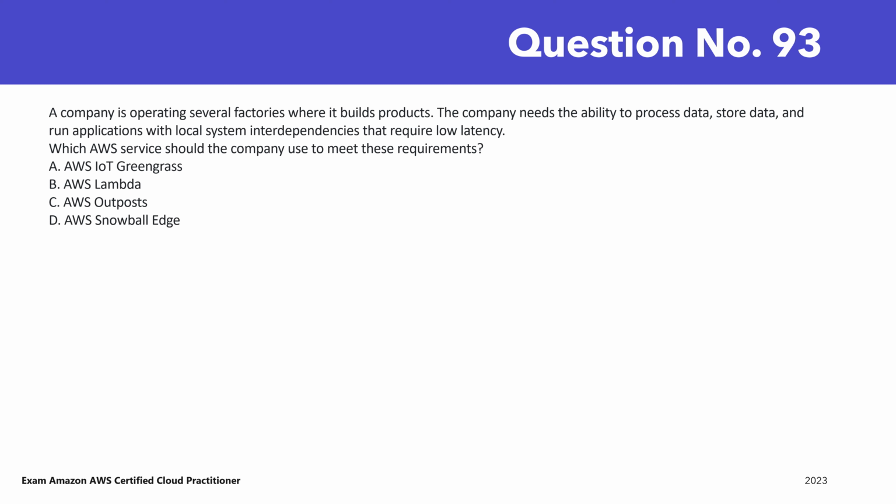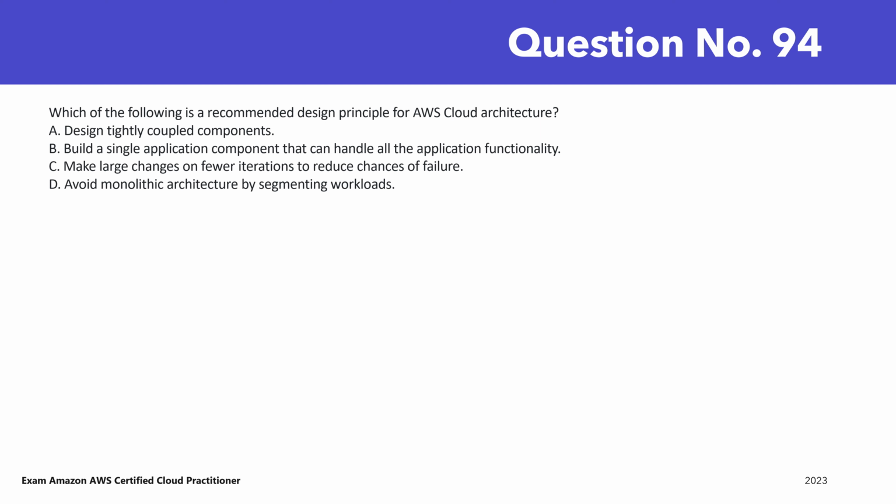Which of the following is a recommended design principle for AWS Cloud architecture? A. Design tightly coupled components. B. Build a single application component that can handle all the application functionality. C. Make large changes on fewer iterations to reduce chances of failure. D. Avoid monolithic architecture by segmenting workloads.